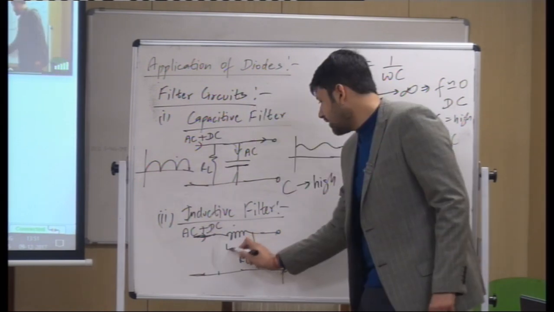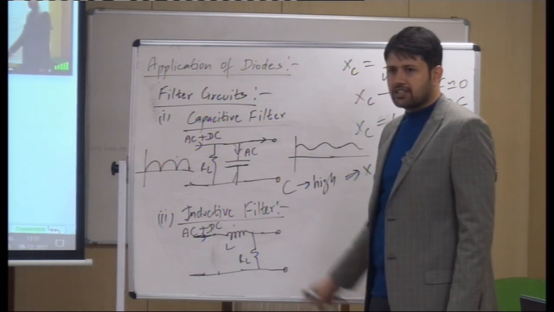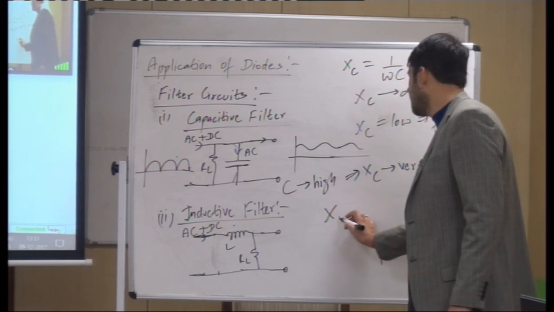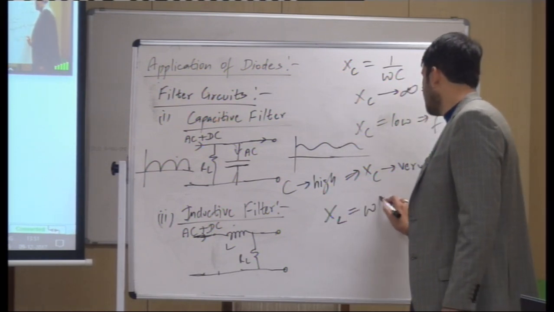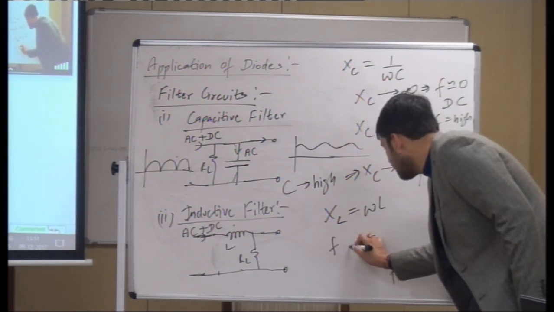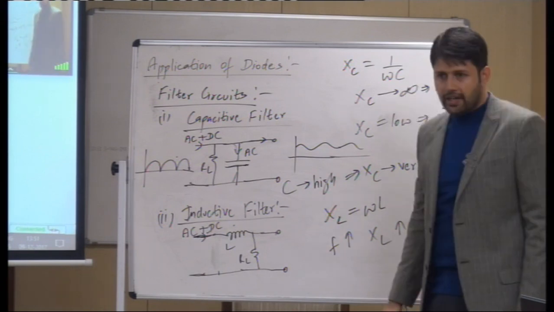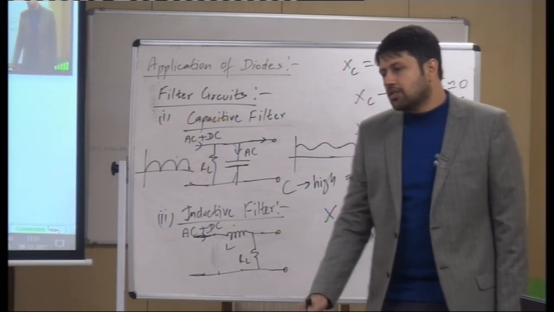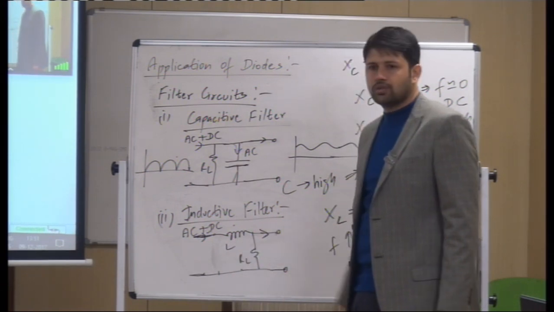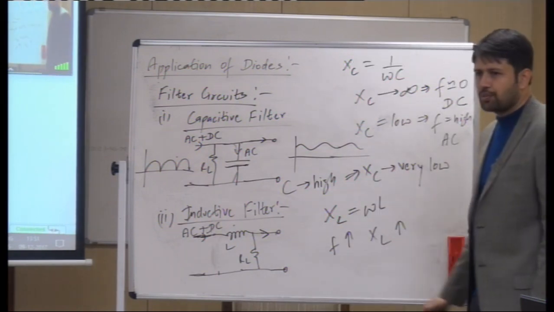An inductor is placed in series. The capacitor was in parallel, it's placed in series, right? Now, here the logic is that XL is omega L. When frequency is high, XL is high. So it blocks AC, right? It would block AC while it would allow DC to go through. So only DC is received, again similar type of output.